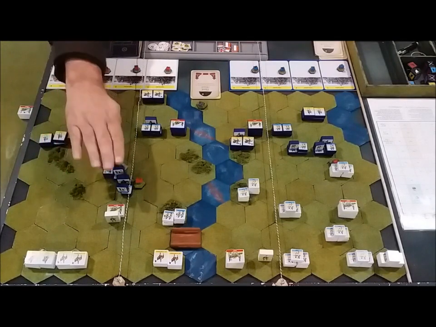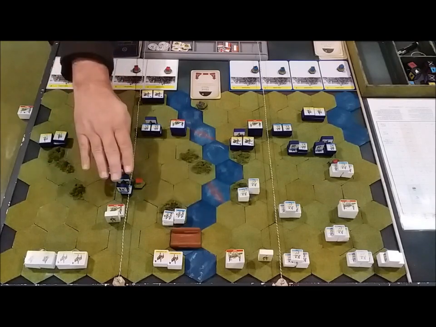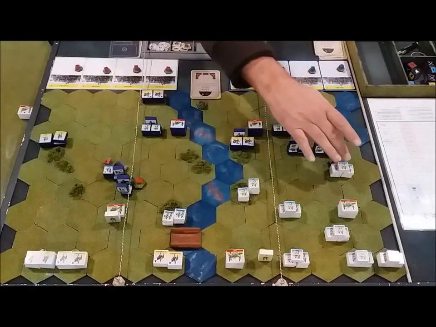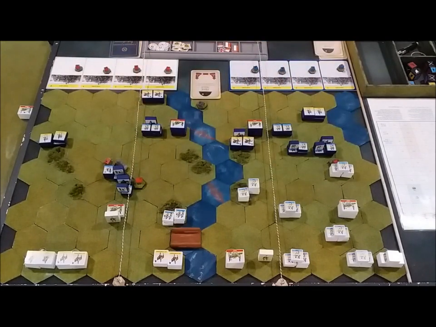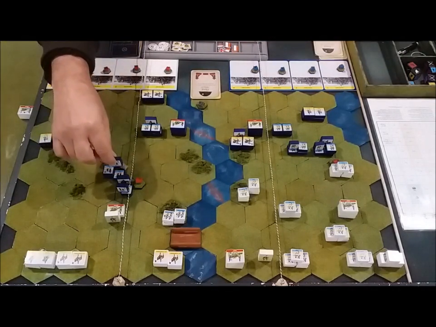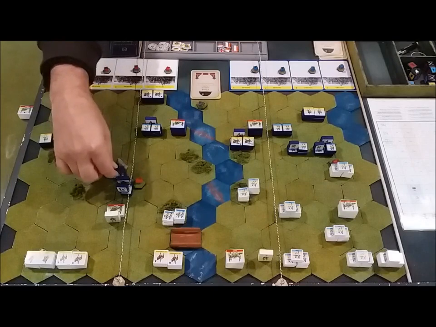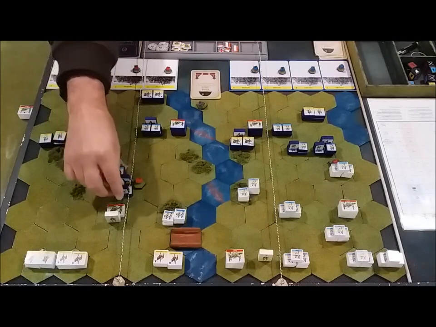And that gives the French now 1 banner at the start of their turn if they finish holding this. And if they can push them out of there and get in there, then they'll get 2 victory banners. Right, now this mob have moved 2, cannot do any more. Drunken leader falling over.